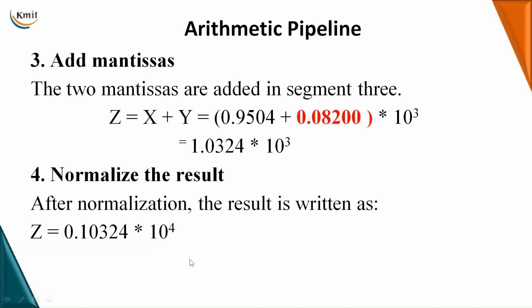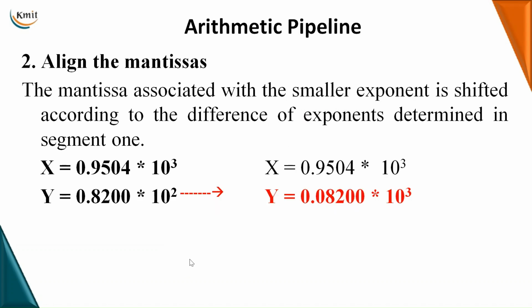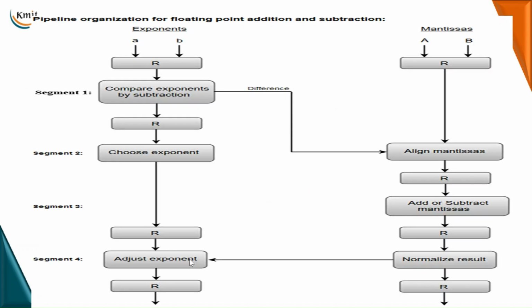So this is how you perform floating point addition or subtraction operations on two floating point numbers by implementing the concept of arithmetic pipelines, in such a way that the entire operation is divided into multiple segments and they are executed by overlapping all the segments of the pipeline. Thank you.